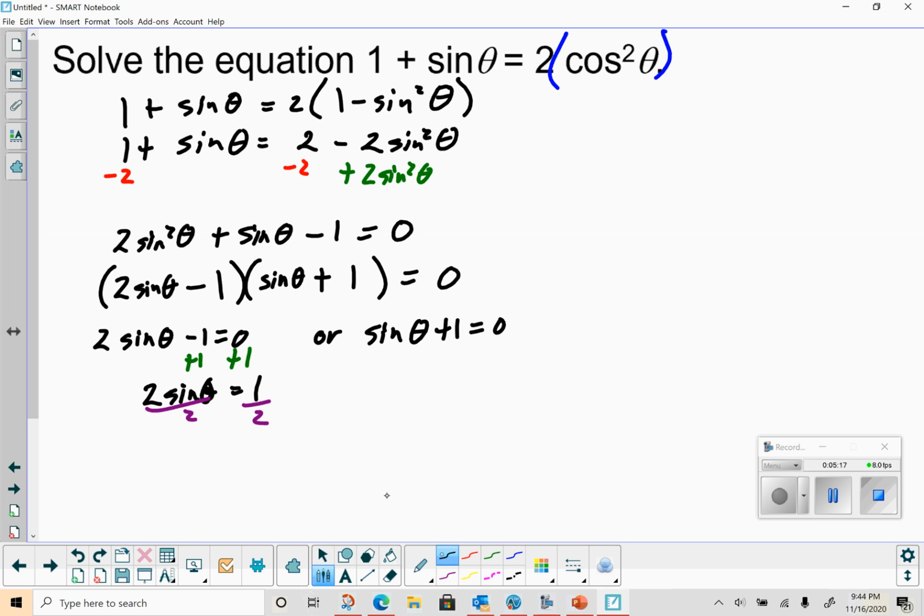Divide by 2. And then our handy dandy note cards here. Sine is equal to 1/2 at pi over 6. Again, that's our first quadrant, but sine is also positive in the second quadrant. And if pi over 6 turns out to be our reference number, that means sine is 1/2 also at 5 pi over 6.